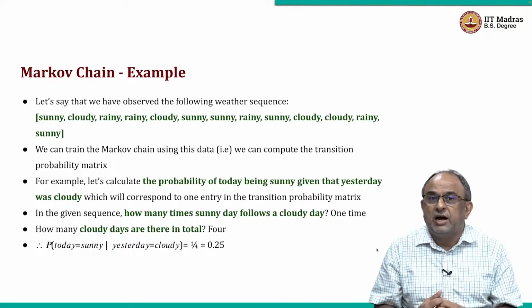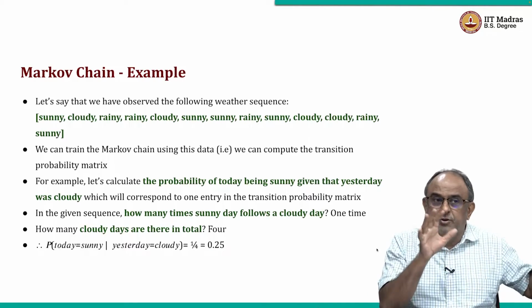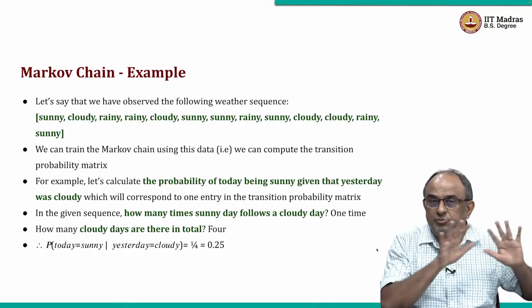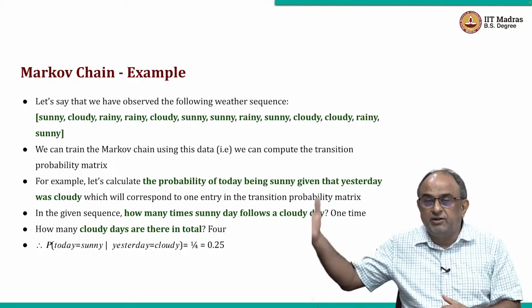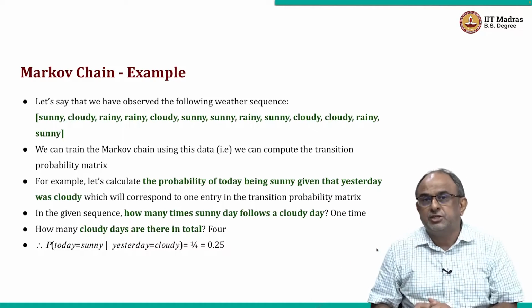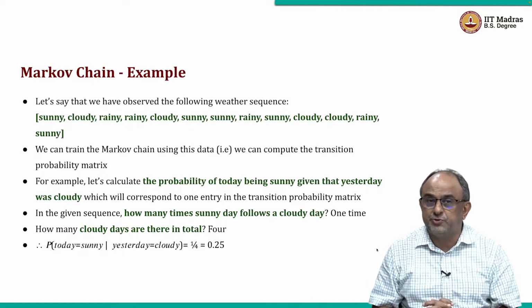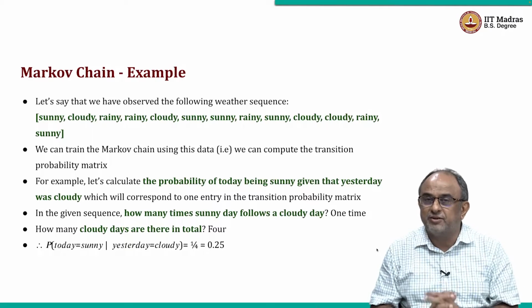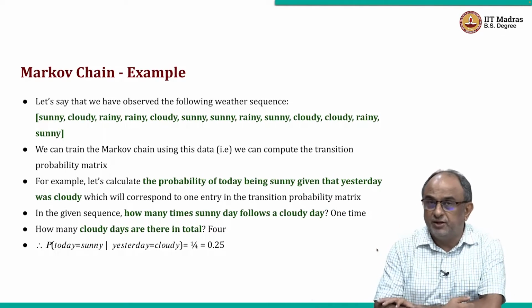In other words, I want to find out what happened historically, and I assume that whatever patterns occurred in the history would help me predict properly in the future. If the same pattern continues, and we are hoping that the patterns do not change with time, so the stationarity assumption is being made here, then hopefully the same model will help me predict something in the future also.